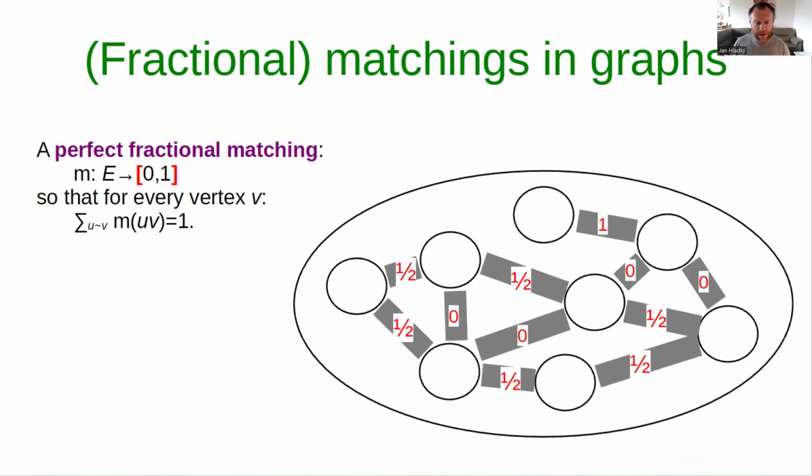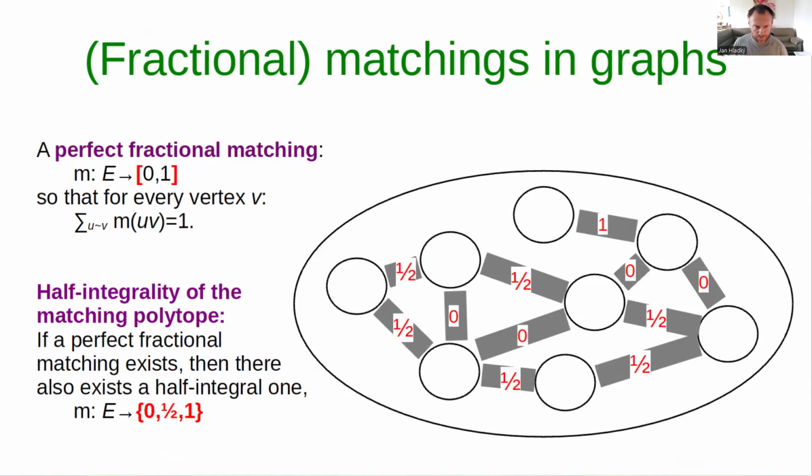This is the first time we rely on the so-called half-integrality property, and we will see another application where we use it on the dual problem, the problem of vertex covers, later. So if a perfect fractional matching exists, there also exists a half-integral one.